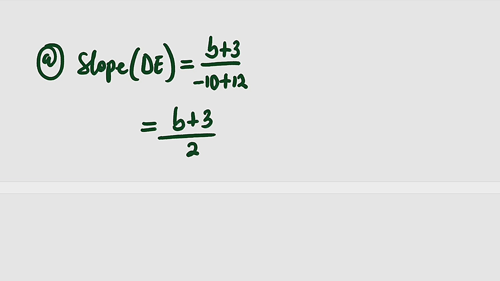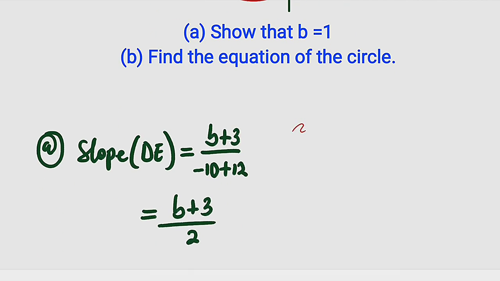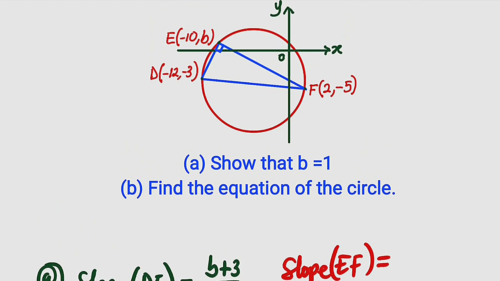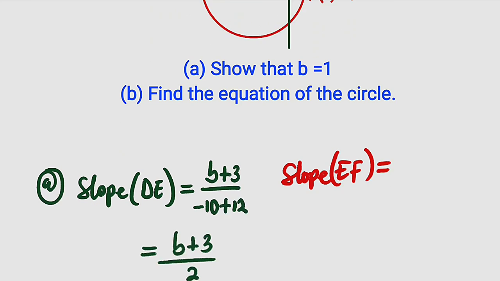Now let us go ahead and find the slope of the other line, which is EF. We have the slope of line EF. The same thing: y2 minus y1 divided by x2 minus x1. Let's start from E. Y2 minus y1, that is B minus 5, which is B plus 5.